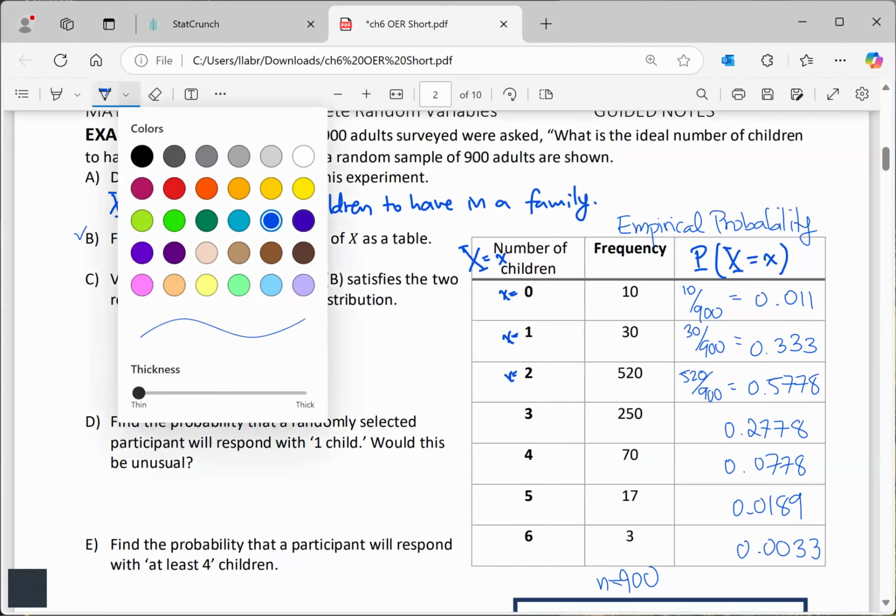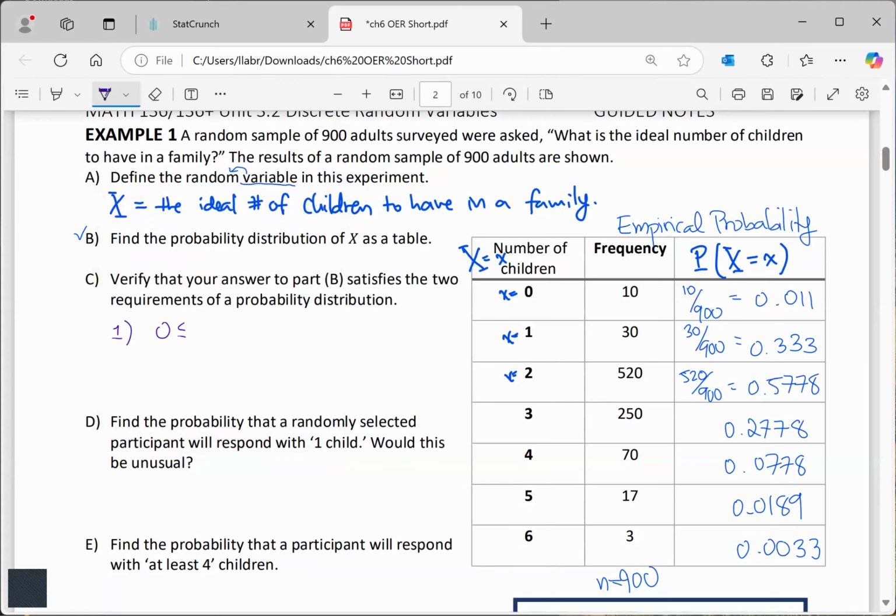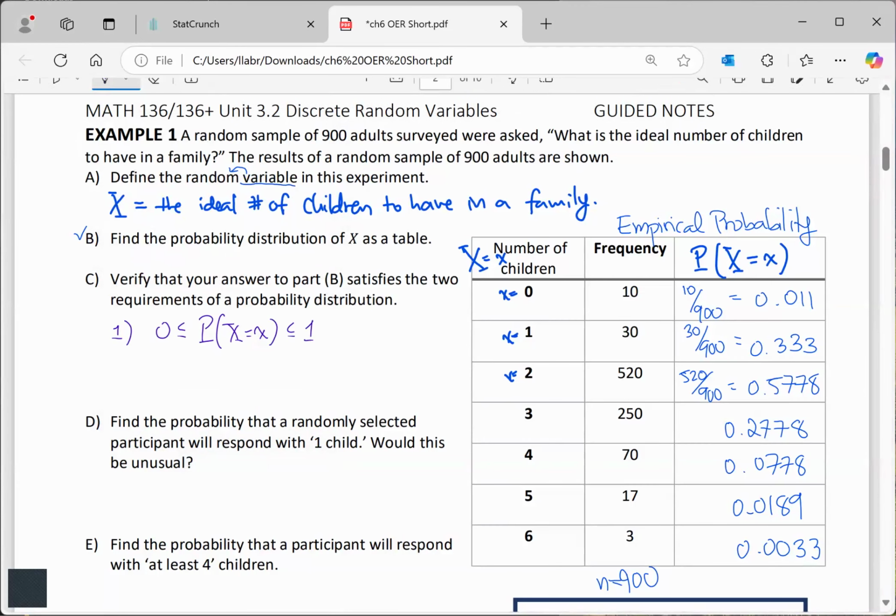So for part C, we say verify that your answer to part B satisfies the 2 requirements. Remember that the 2 requirements are number 1, that 0 is less than or equal to the probability that your random variable is any specific value, and that's less than or equal to 1. So notice we just have a valid probability.